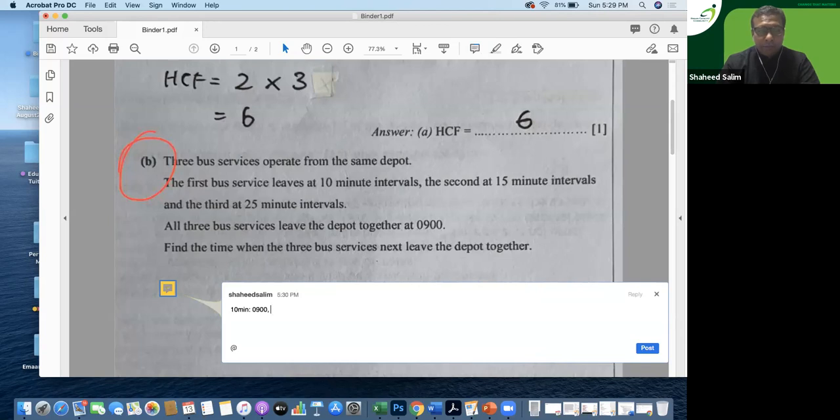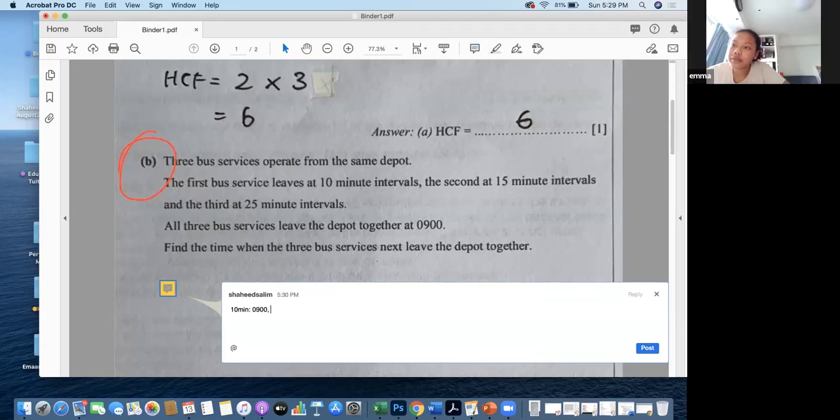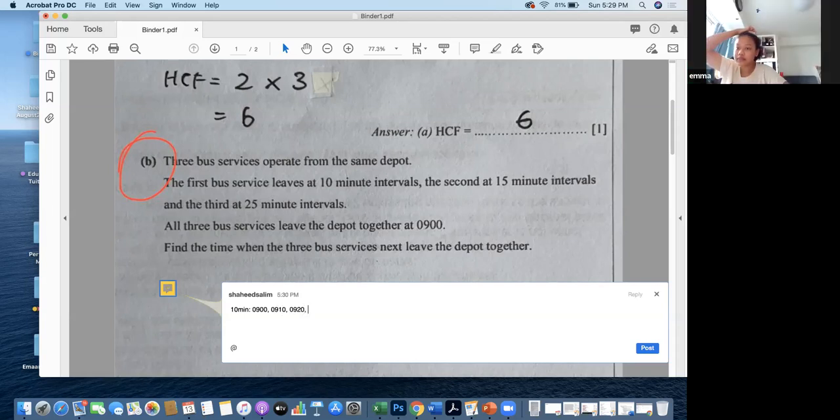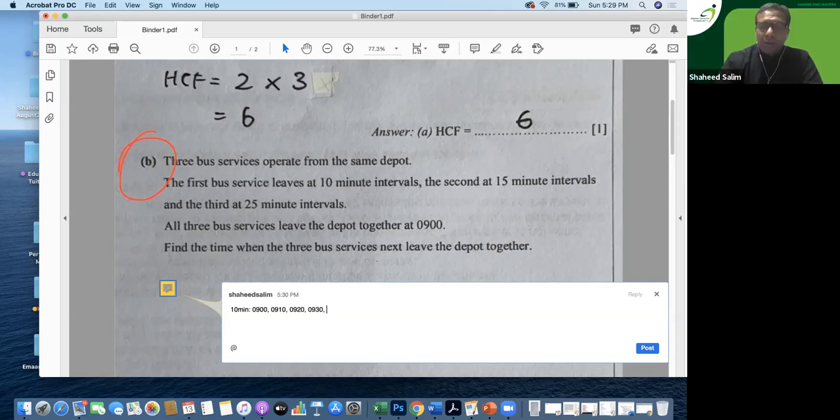At 9, and then 10 minutes later, every 10 minutes. 9:10, not 9:25, because there are 3 types of buses. Then the next one, 9:20. So you keep doing this until 9:40, 9:50, then 10 o'clock.